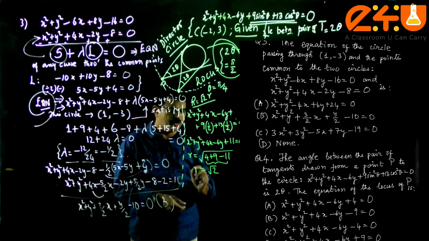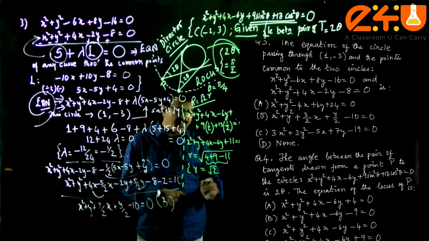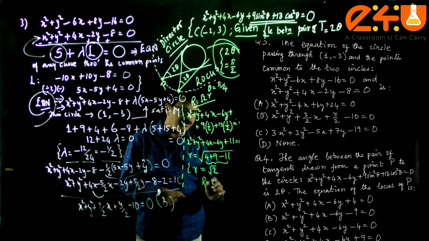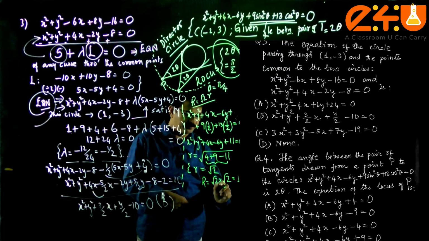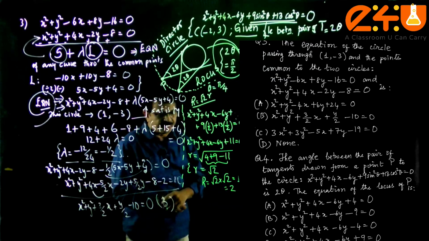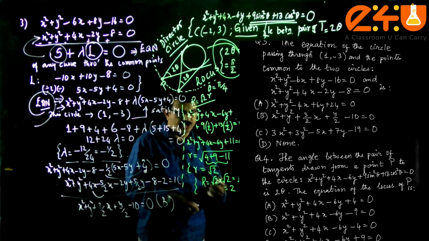So the answer is root 2. That is the given circle's radius. So what is the capital R in that case? It is root 2 times root 2, so the answer is 2. So we got the new radius as 2.